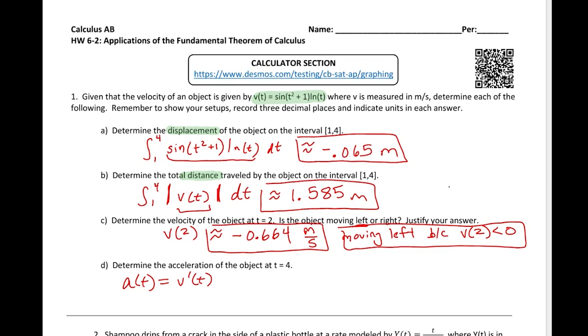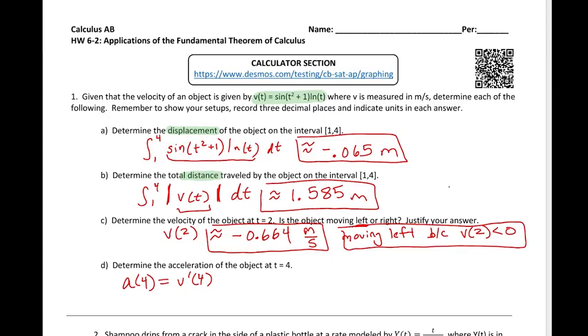So, okay, we've established that the acceleration is the derivative of velocity. And what we want to know is what is the acceleration at t equals 4? So the acceleration at 4 should be equal to the derivative of the velocity at 4. Now, we don't have to actually find the derivative of that velocity function by hand. That would require both the product rule and chain rule, and it's doable, but you don't have to do that on the calculator section. Instead, you're just going to go back to your calculator.